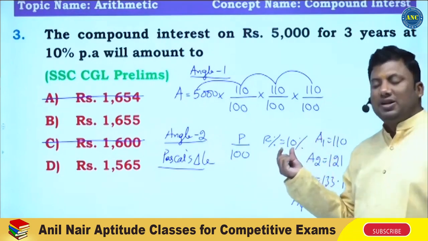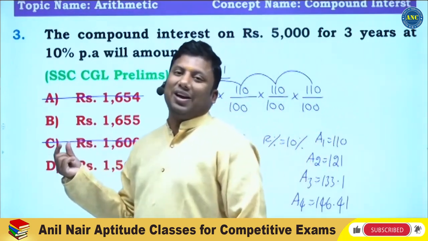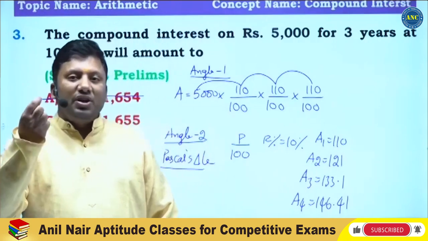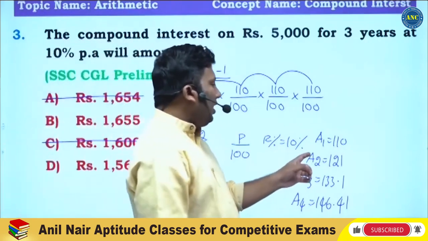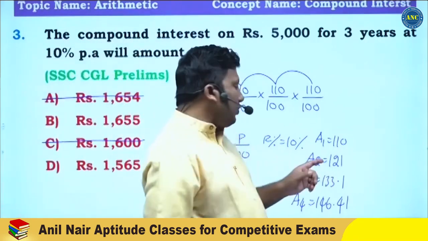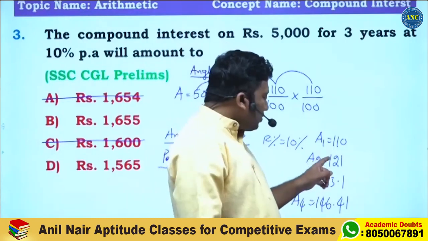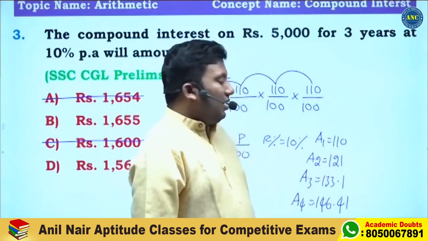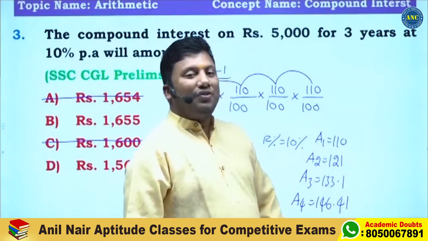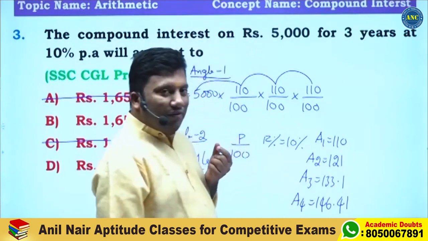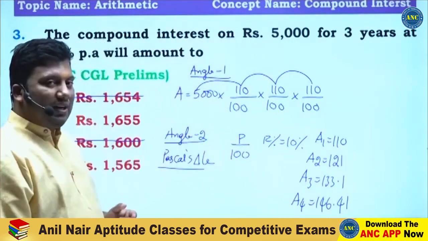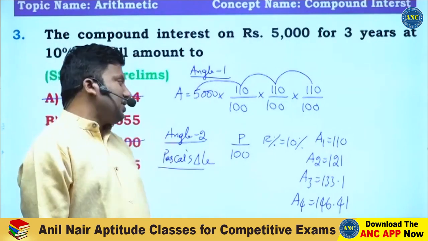How did we determine Pascal's triangle? Pascal's triangle helps us determine the coefficients of A plus B power n. In A plus B whole square, the coefficient of A square is 1, the coefficient of B square is 1, and the middle 2AB coefficient is 2. Whenever R is 10 percent, you can also use Pascal's triangle.